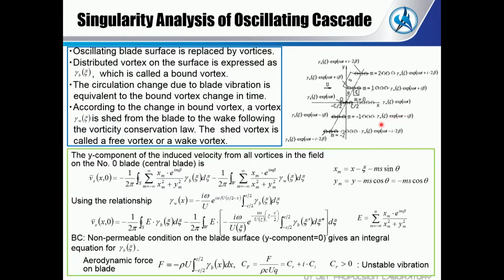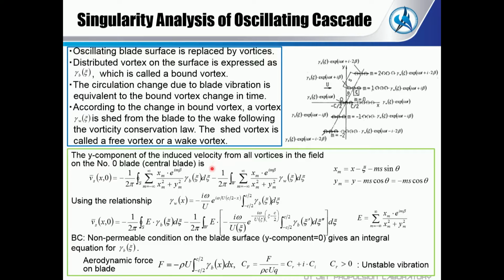And so the important point is we have to consider all the vortices in the field. So we have bound vortices in each blade, and also wake vortex sheets in the downstream of each blade. So there are many, many vortices in the field, and we have to consider all the influence of these vortices in the field.